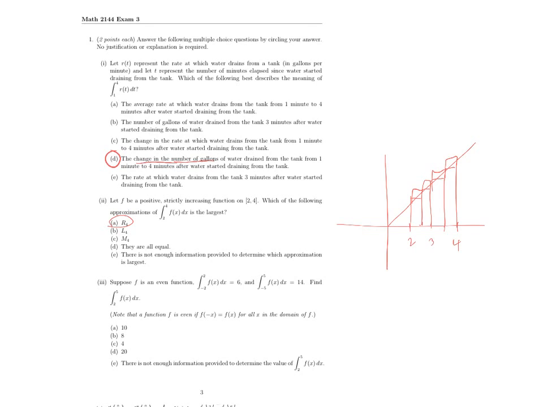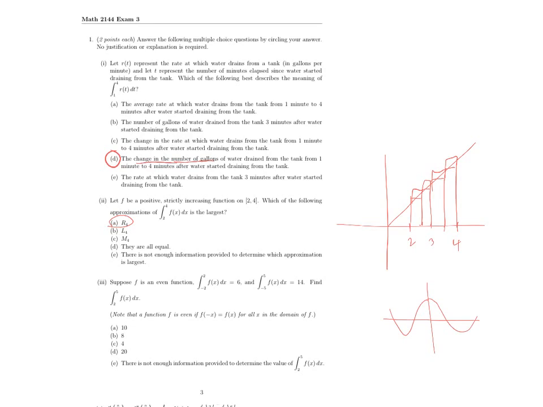Okay, suppose f is an even function, and we have that. Find the integral from 2 to 5. So an even function has this symmetry about the y-axis.